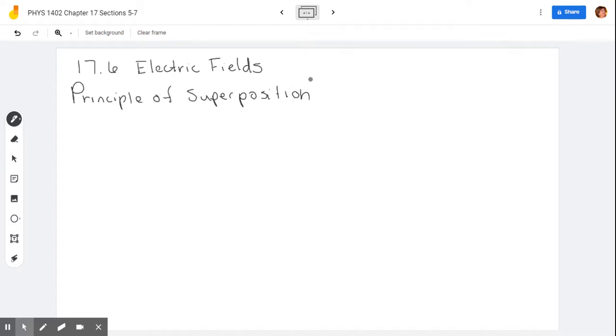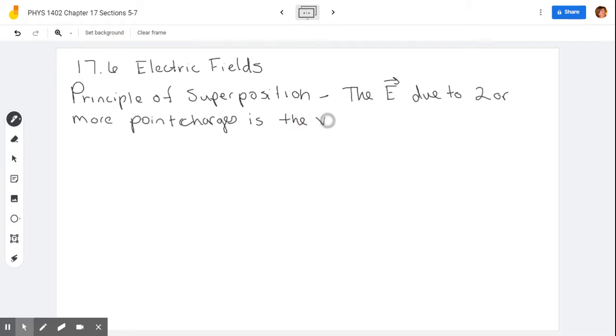When we're talking about the electric field, all this principle says is that the electric field due to two or more point charges is the vector sum of the individual fields.